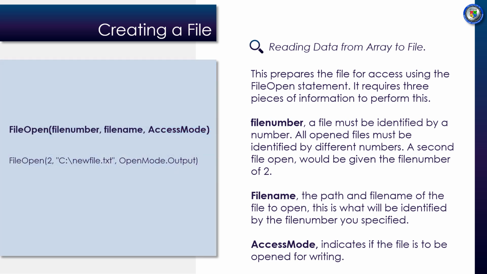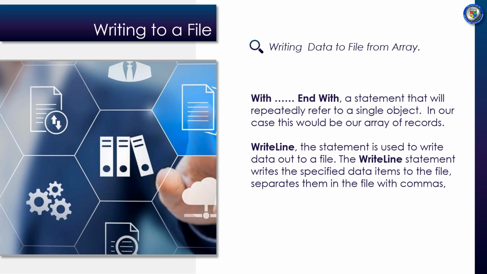We can see this in this example here. We have a new file, which is file number 2. We've given it its path and file name, which is newfile.txt, and its open mode is output. Again, when we're writing from a data structure to a file, we would use the with and end with statement, which will repeatedly refer to a single object.